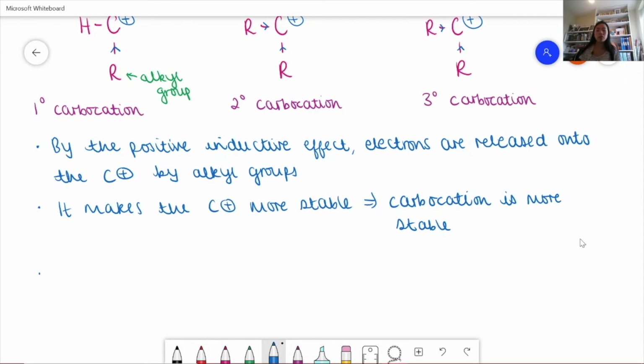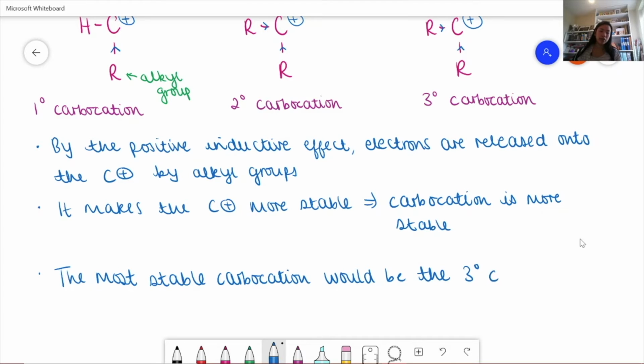So first of all, we can say that the most stable carbocation would be a tertiary carbocation, as we have 3 of these alkyl groups which release electrons.